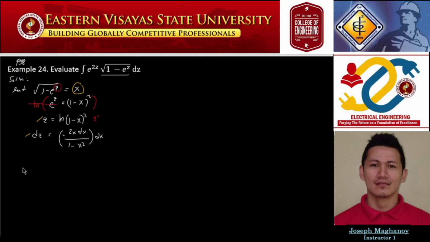Okay, so if we rewrite the function, the integral of e raised to 2z times the square root of 1 minus e raised to z dz. For e to the 2z, we replace it with e to the 2 ln of quantity 1 minus x squared.